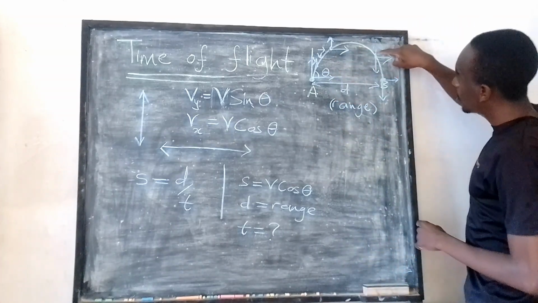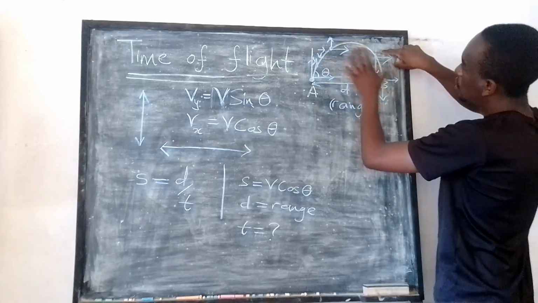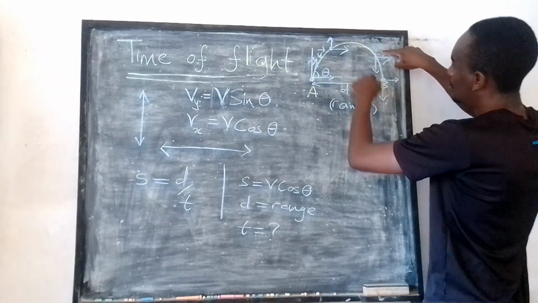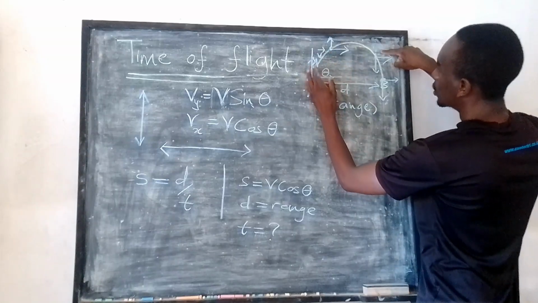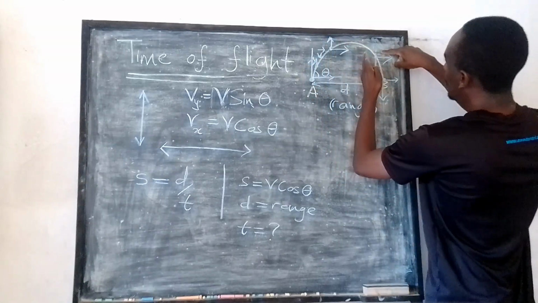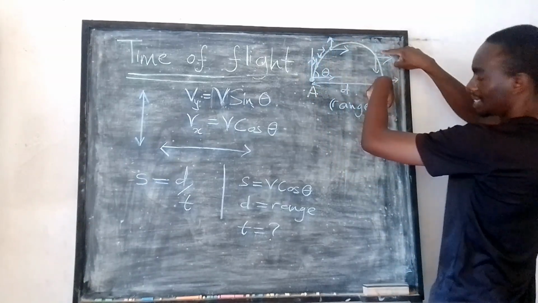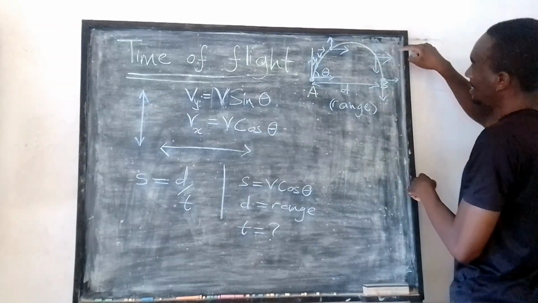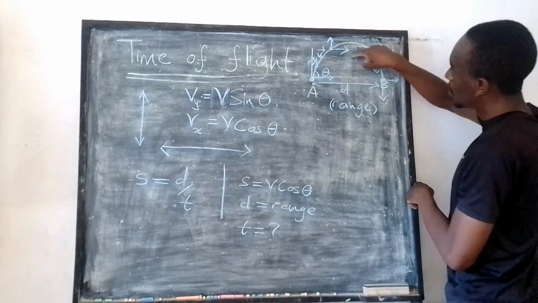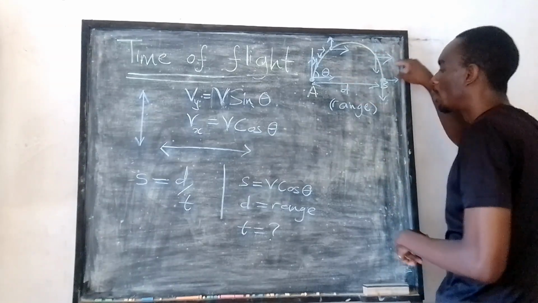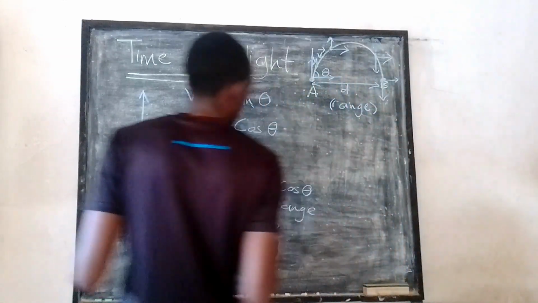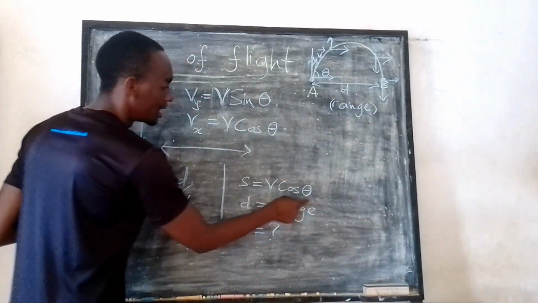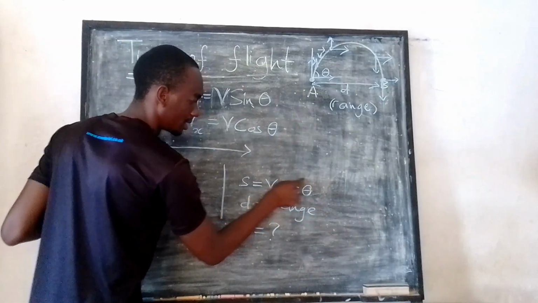And when you get to this point, notice what begins to change is the vertical component of the motion. Previously, it was facing up and getting smaller and smaller. Now it's getting bigger and bigger, but it has changed direction. But this doesn't change. This is always the same. What is this? The horizontal component of the velocity. It doesn't change. Hence why I'm saying this is a constant.